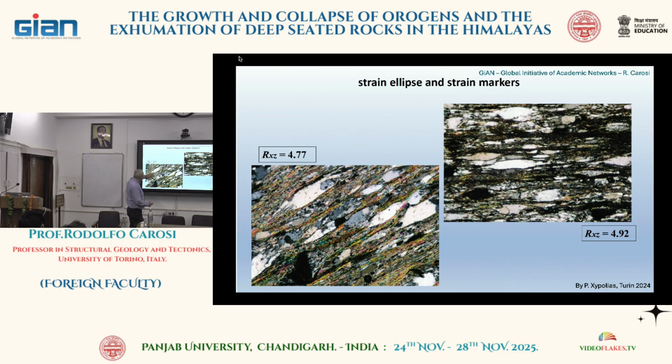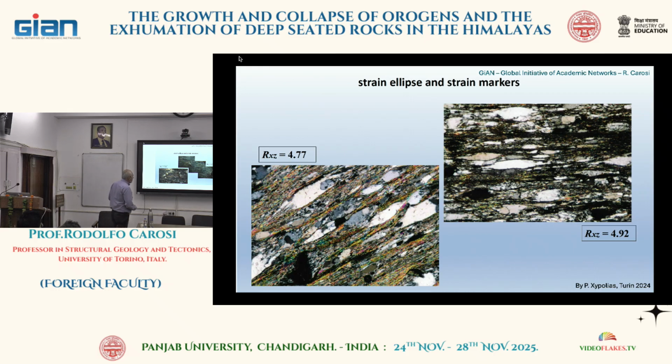You can see under the microscope there is no recrystallization, no bulging, no grain boundary migration, no other mechanism, no undulose extinction. So they just change the shape without fracturing or recrystallizing. So these are good strain markers, and they can use this kind of marker to calculate strain.